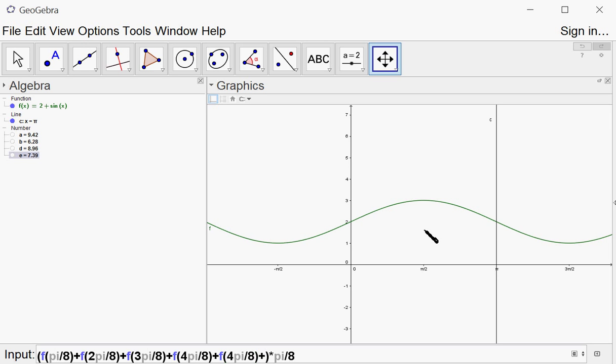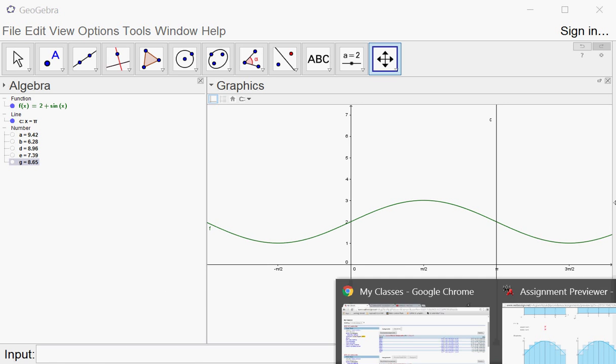So the next one is f of 5 pi over 8 and f of 6 pi over 8. It's just tedious. And the last one, hopefully, is 7 pi over 8. So we have 8 rectangles. So find the value. It came out to be 8.65. So let's type it in.